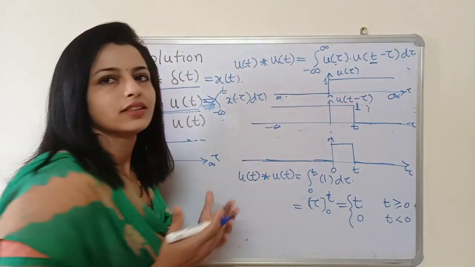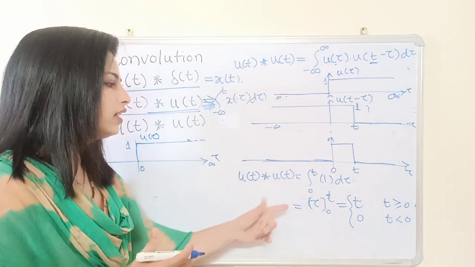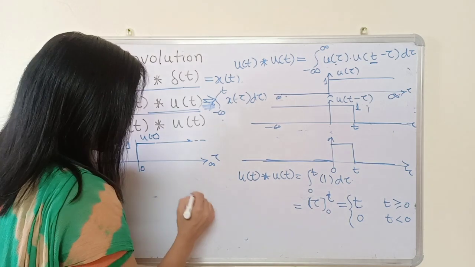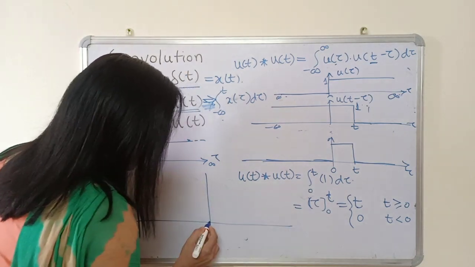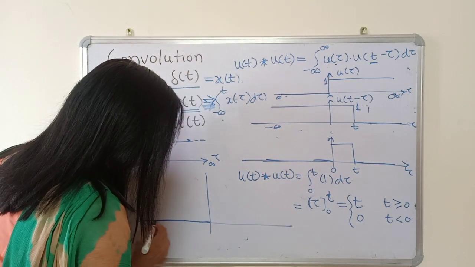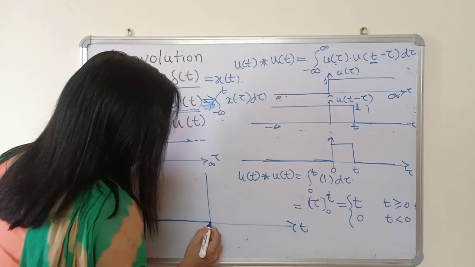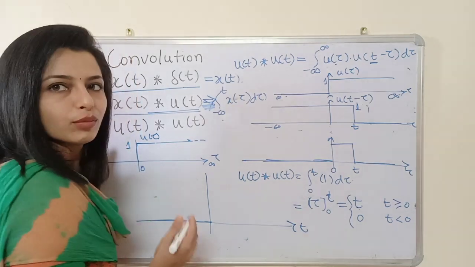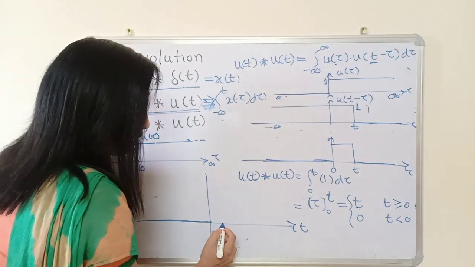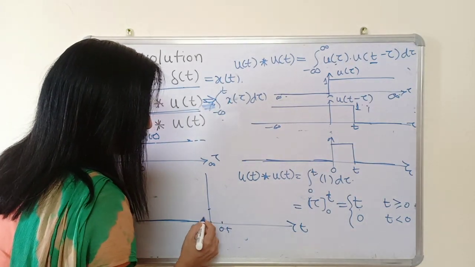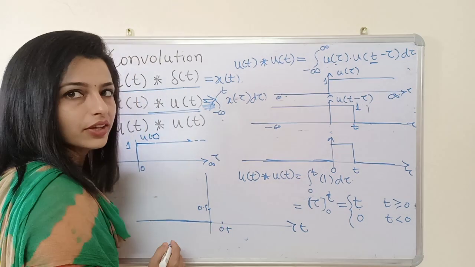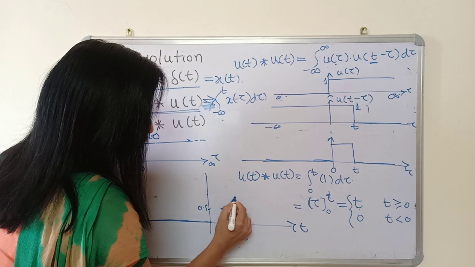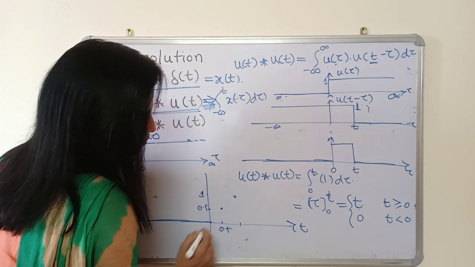So let us, for fun, draw this signal t for t greater than 0. For values of t less than 0, it is going to be 0, and at 0 we have amplitude equal to 0. At 0.5 we get amplitude equal to 0.5. At 1 the amplitude is equal to 1.